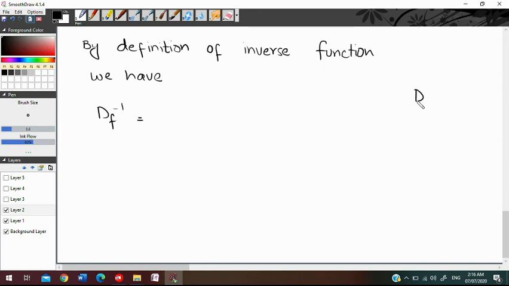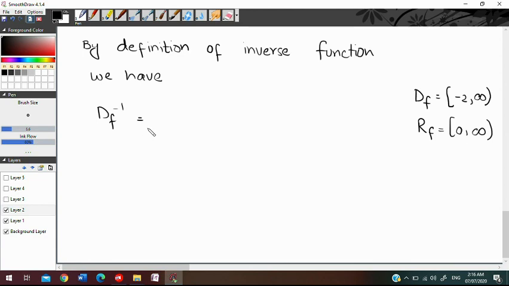Domain of f is -2 to infinity, and the range of our function is from 0 to infinity.